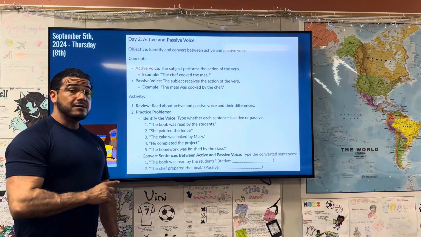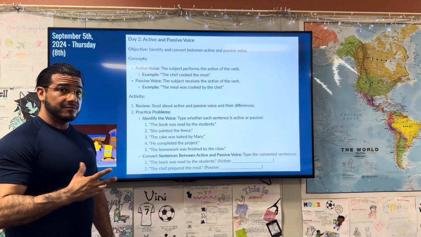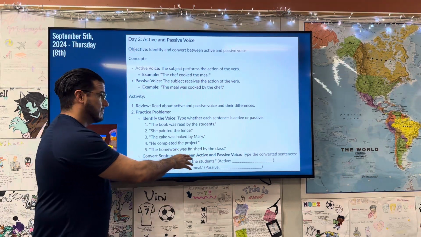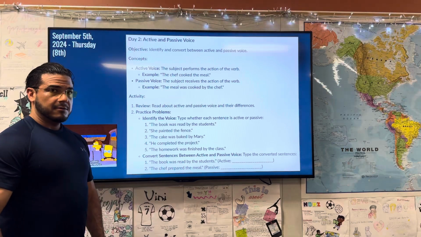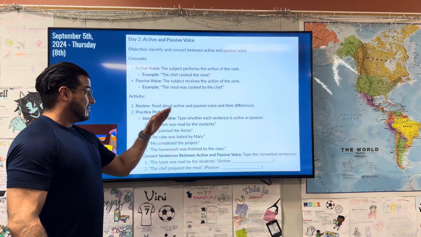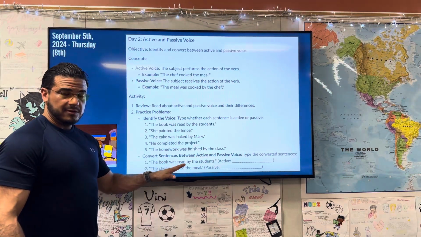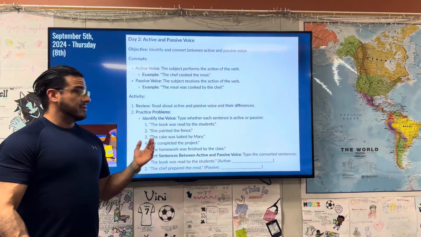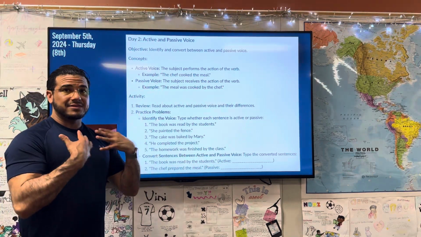All right, and final sample, we have sentence number five, which reads, the homework was finished by the class. Again, we know that it is in fact the class, logically, who have finished the homework. But given the way that it's written, in its passive voice form, the class is receiving that action.